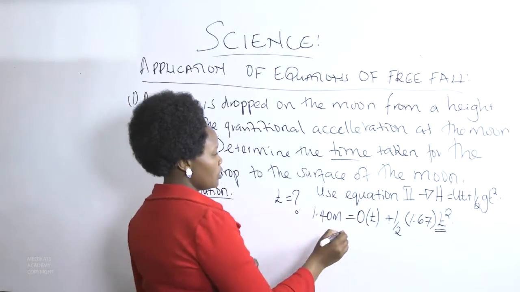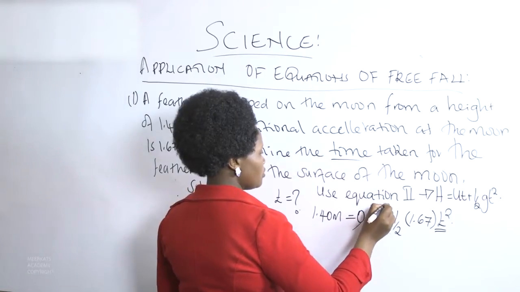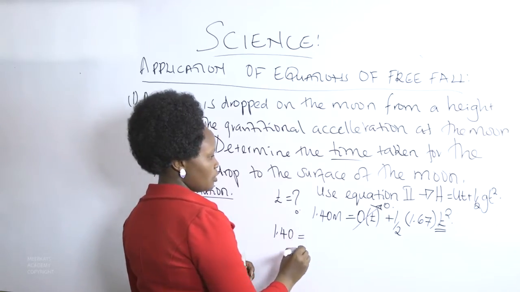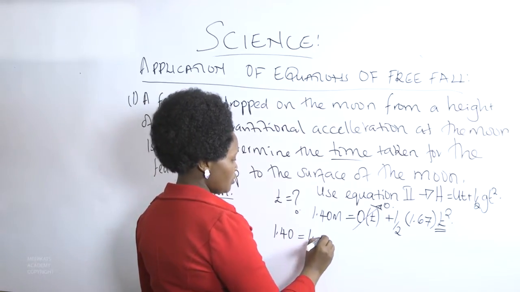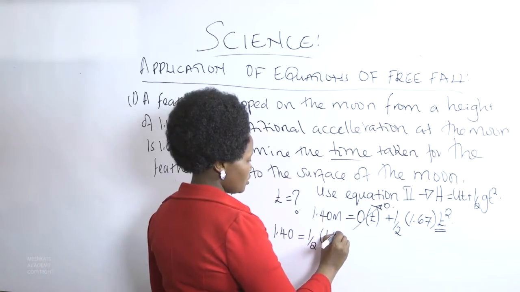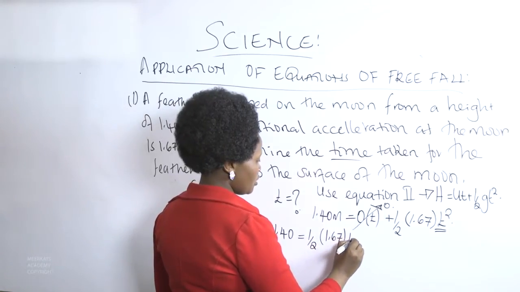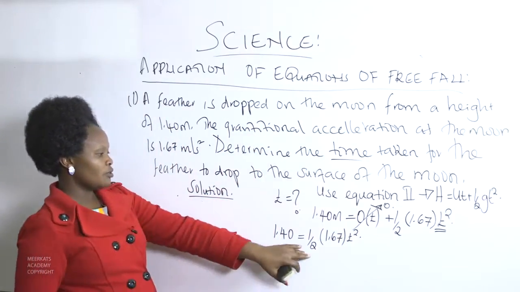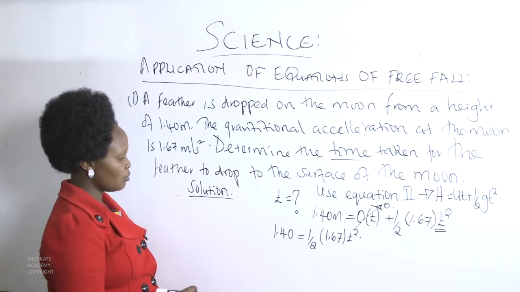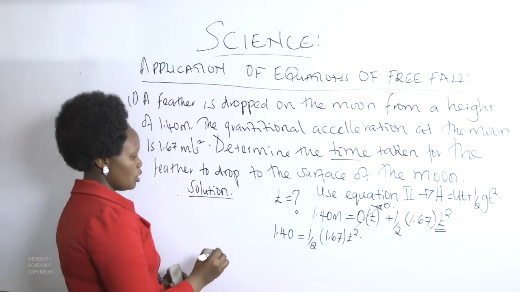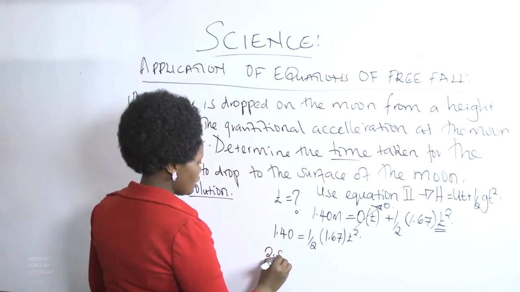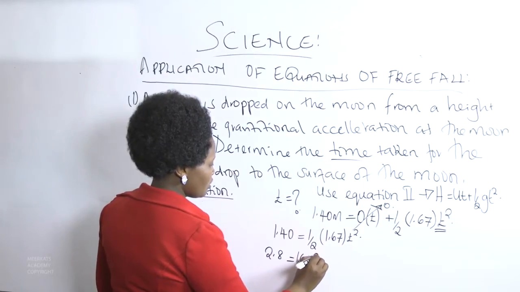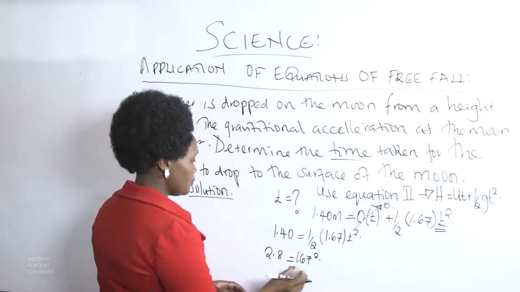Now this term reduces to 0. So we are left with 1.40, which is equal to a half times 1.67, then times t squared. We can get rid of the half by multiplying both sides by 2, so that now 2.8 is equal to 1.67 t squared.